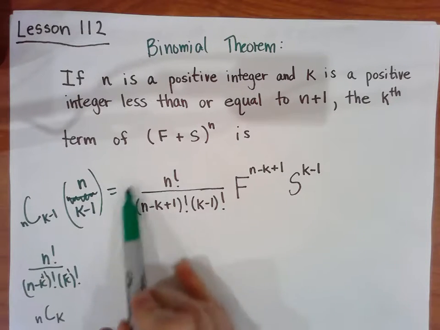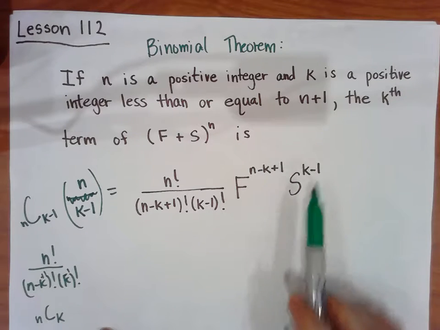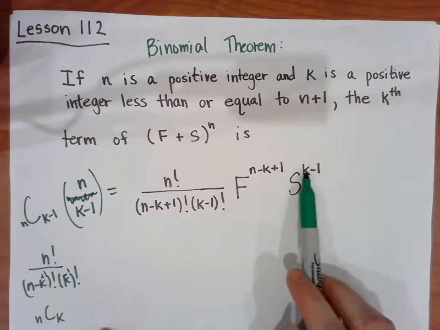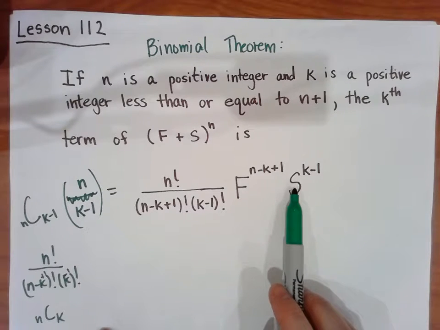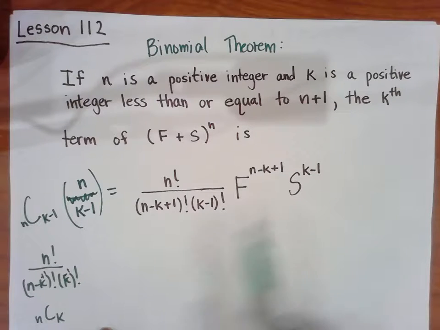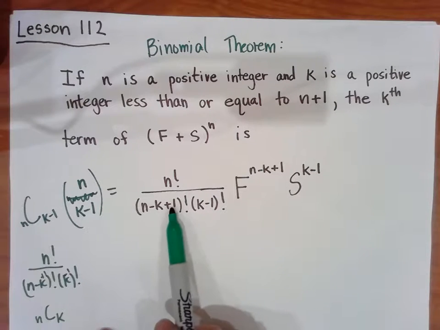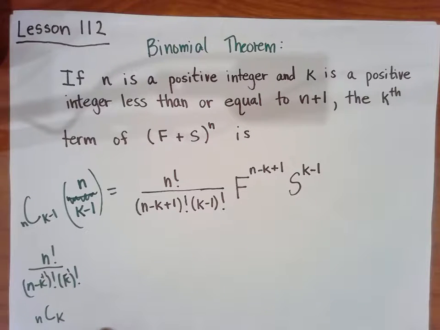But anyways, that right there is n choose k minus 1, and then over here, the k minus 1 is the exponent on the second variable or expression in your sum. And then, of course, this is the exponent on your first variable or expression.